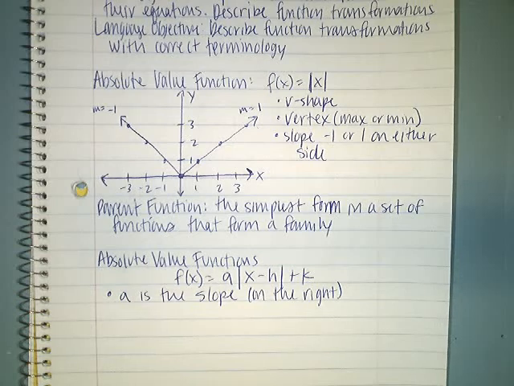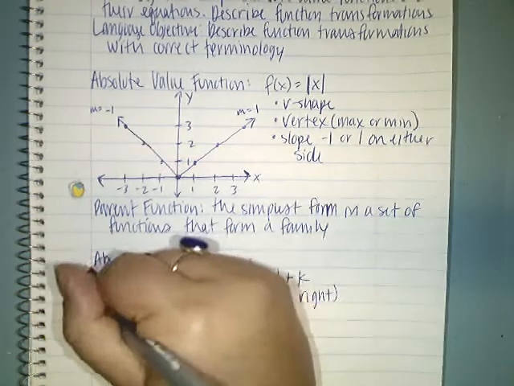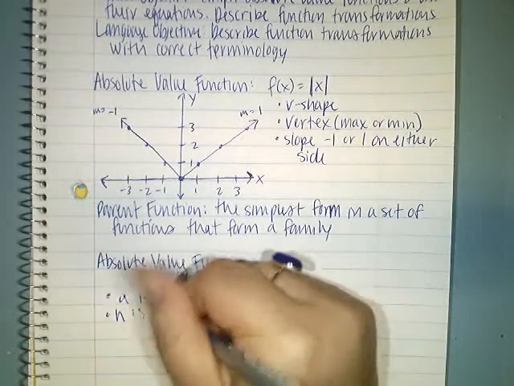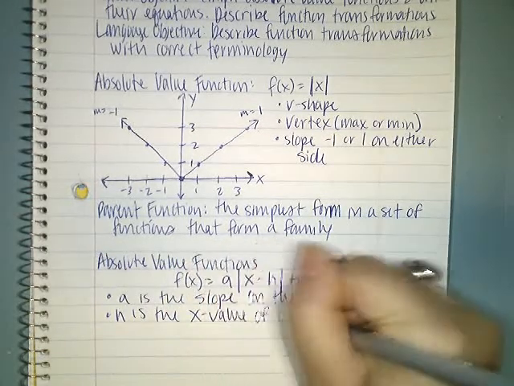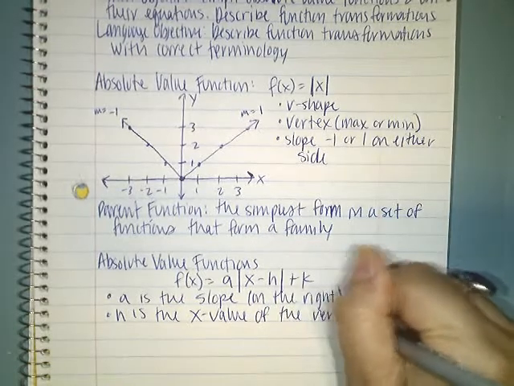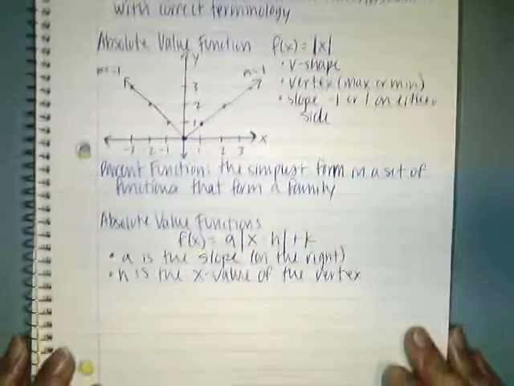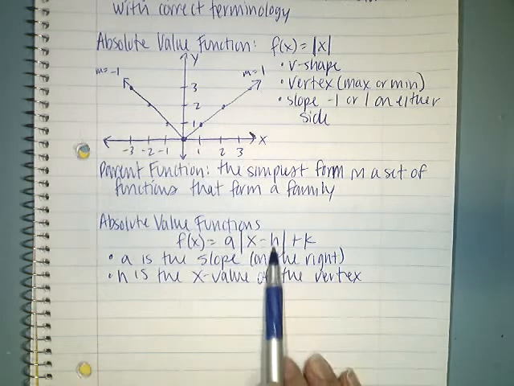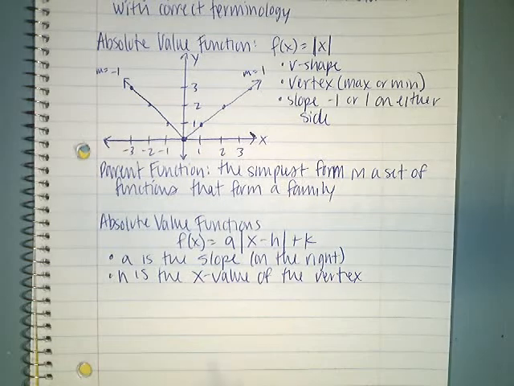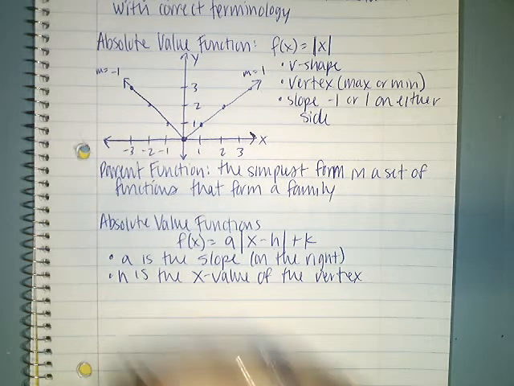A is always going to tell us our slope. H is the x value of the vertex. Again, the vertex is the maximum or minimum point. Here it's at 0, 0, but if we slide it left or right, h will tell us what it's going to be. So h is the x value of the vertex.